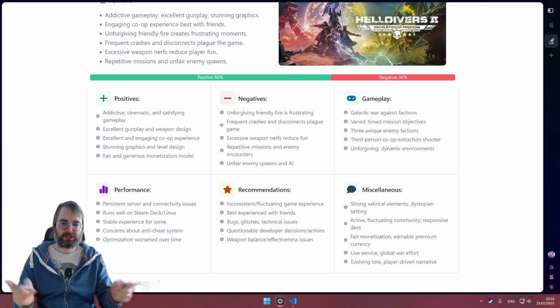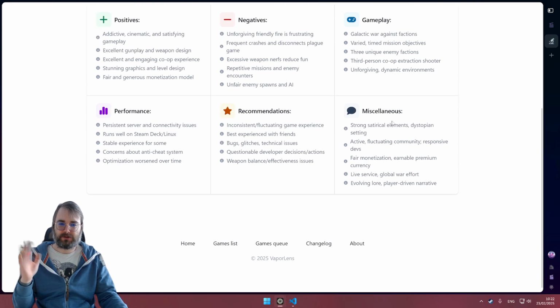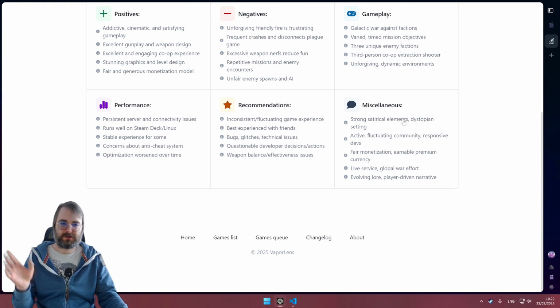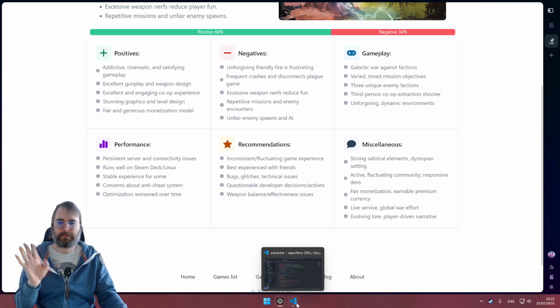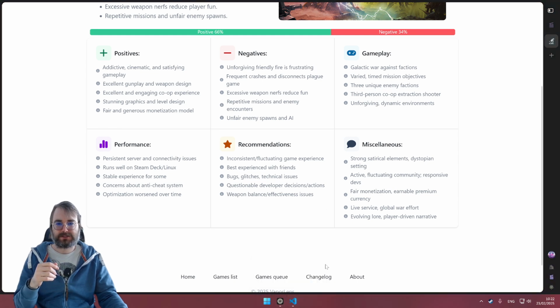It can be a recommendation, it can be something like, I don't think this is a good idea, whatever. And then everything else goes into misc. There's usually stuff about monetization, live service, the LGBTQ community and all that jazz ends up over there, right? It's minor, but I think it provides some insights.